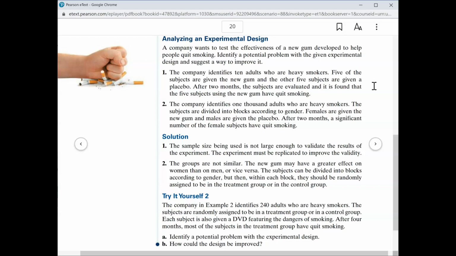It could be that it's just lucky that the 5 subjects using the new gum have quit smoking. Maybe they would have quit smoking anyway because it's only 5 of them. There's a lot of room for error in that.